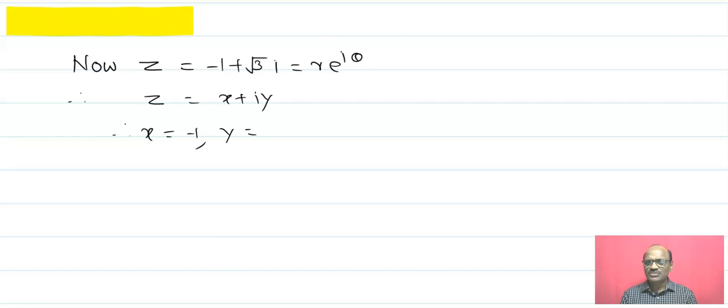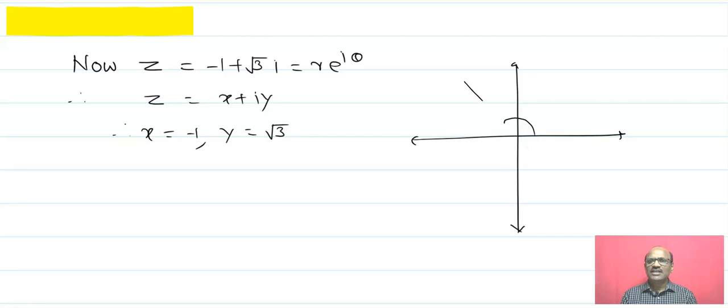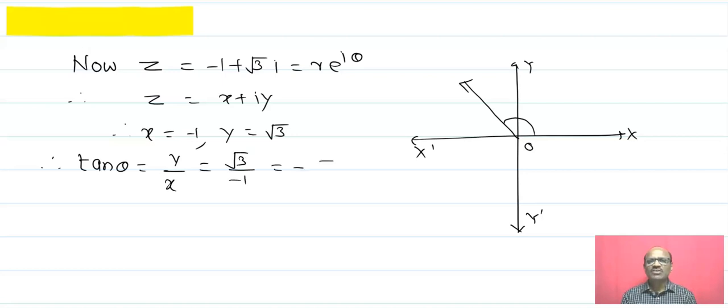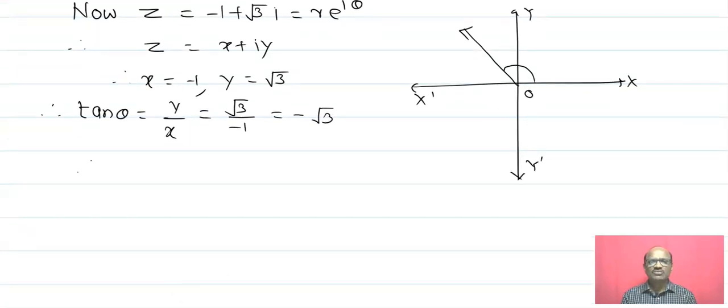Therefore z is equal to x plus iy, x is equal to minus 1 and y is equal to root 3. Now the terminal side goes in the second quadrant because x is negative and y is positive. In simple coordinate geometry, tan theta is equal to y upon x. This is the basic definition to remember in trigonometry. Therefore, tan theta is equal to minus root 3.